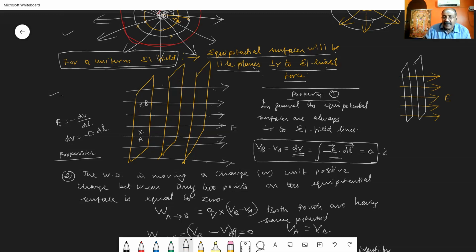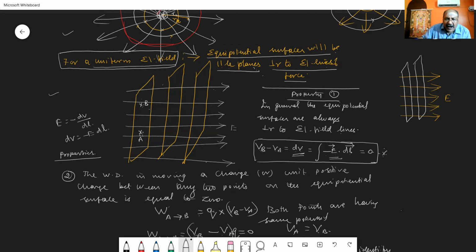Then what is the second property? See, if you are moving a charge from one point to another point on an equipotential surface, we need work. That work done is equal to zero. Why? If you are moving a charge Q or Q0 from point A to B, the work done from point A to point B is equal to the charge moved, Q, into the difference in potential.